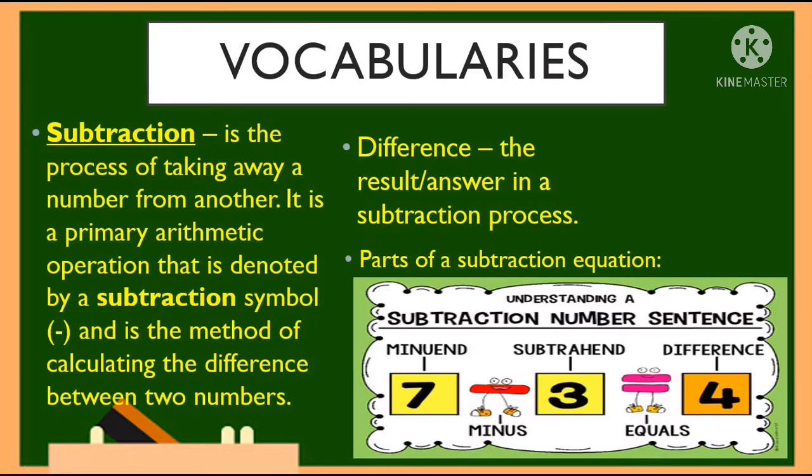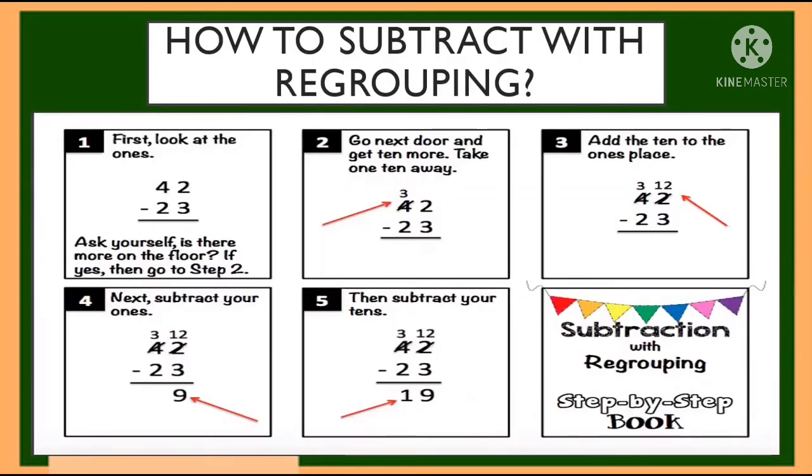Now let us listen about the steps on how to subtract with regrouping. I have here 5 steps. This is the easiest way, the step-by-step process on how to subtract with regrouping.